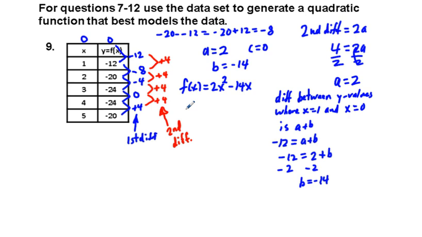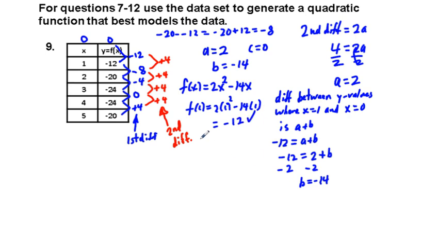If we try 1, just to test, we say f of 1, we should get 2 times 1 squared minus 14 times 1. So that'd be 2 minus 14, which is equal to -12. So that would check out.